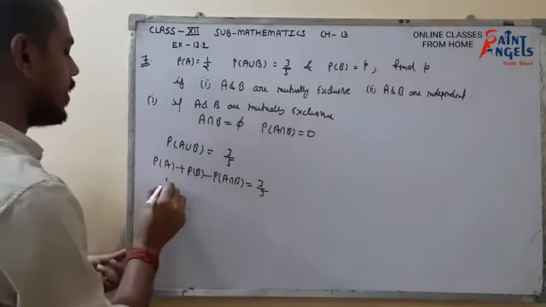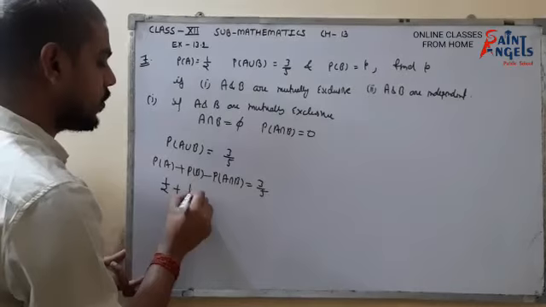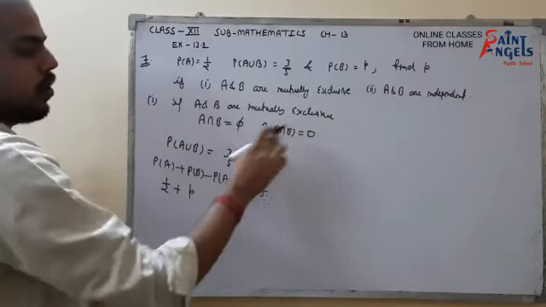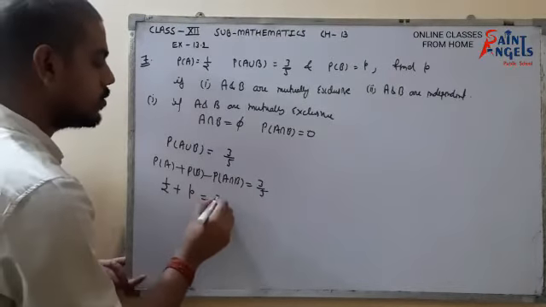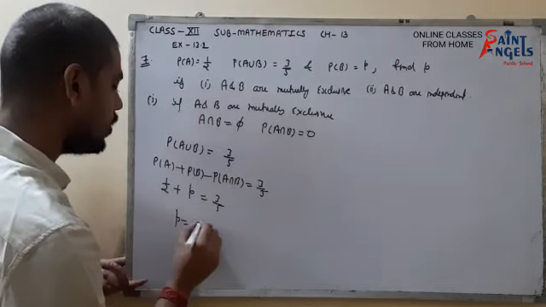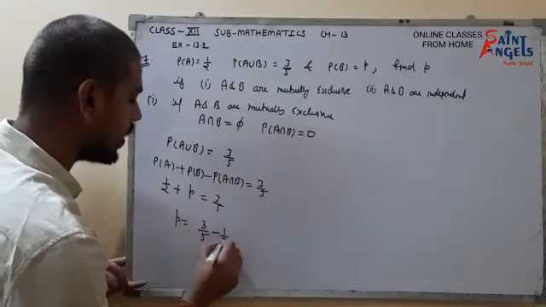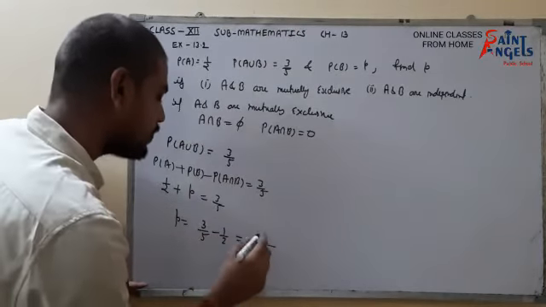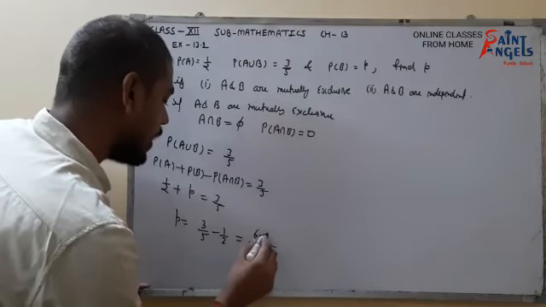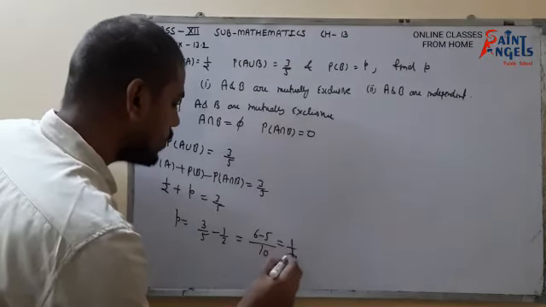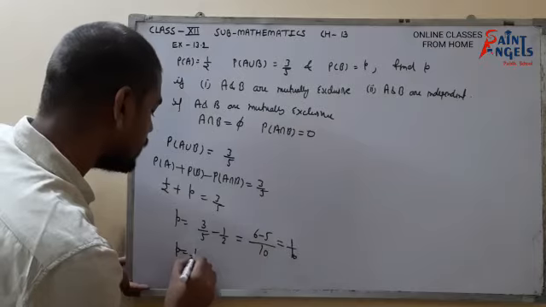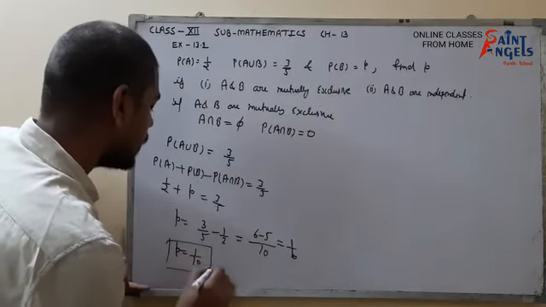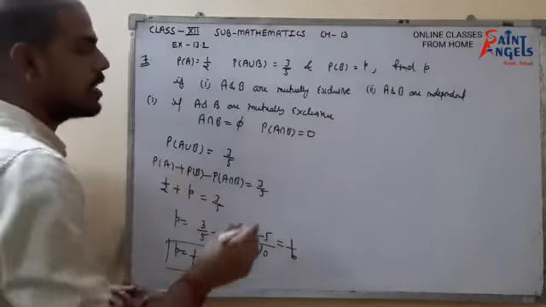So P(A) is 1 by 2 and P(B) is p, and the intersection is 0, so 1 by 2 plus p equals 3 by 5. From here p would be 3 by 5 minus 1 by 2, that would be 6 minus 5 over 10, which is 1 by 10. So the first value of p is 1 by 10, for the case when A and B are mutually exclusive.